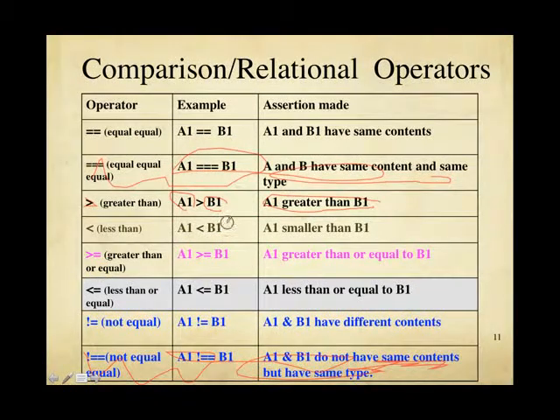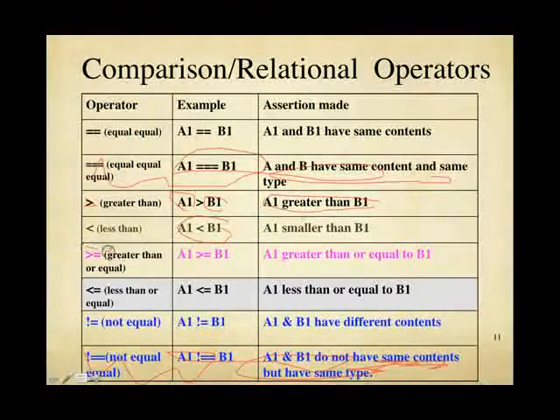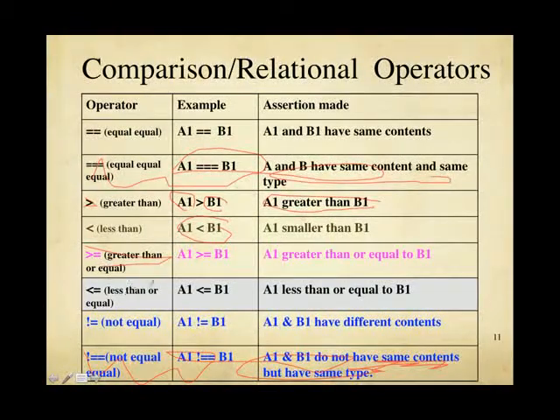Then you have the less than operator. If A1 is less than B1, then the assertion is true. Otherwise, it's false. In the same way, I have the greater than or equal symbol, the less than or equal symbol, and the not equal symbol. Understand that and we'll talk about that in a minute anyway.